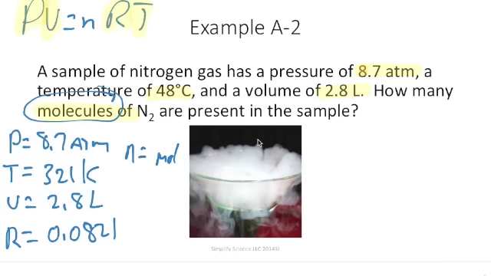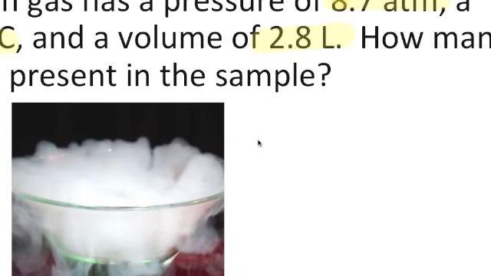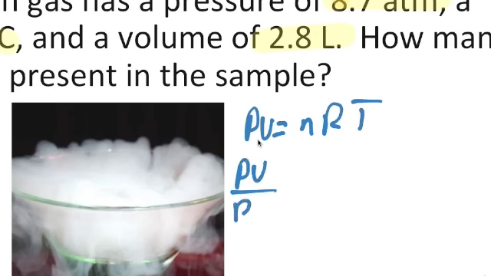We take this and plug it in. First we have to use our equation, PV equals nRT. Solve for n, we'll get PV all over RT equaling n.